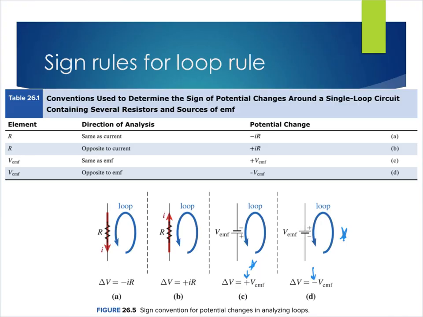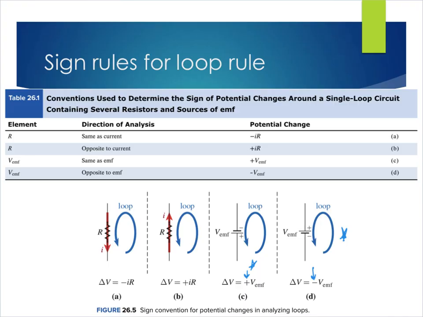So batteries are basically positive or negative depending on whether you're going around from the positive terminal to the negative terminal, which gives you a negative voltage change. Or if you go from negative to positive terminal, you get a potential gain, positive.